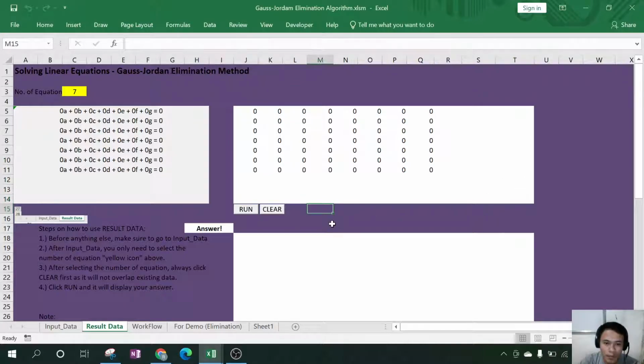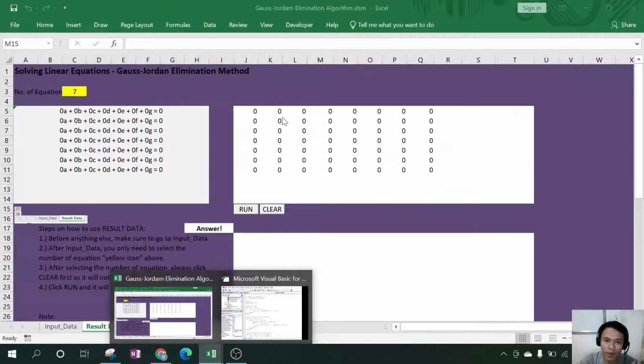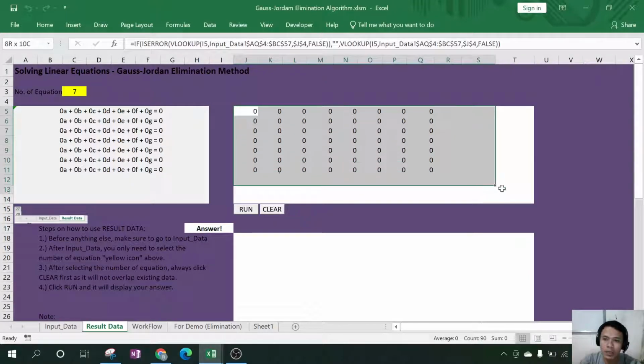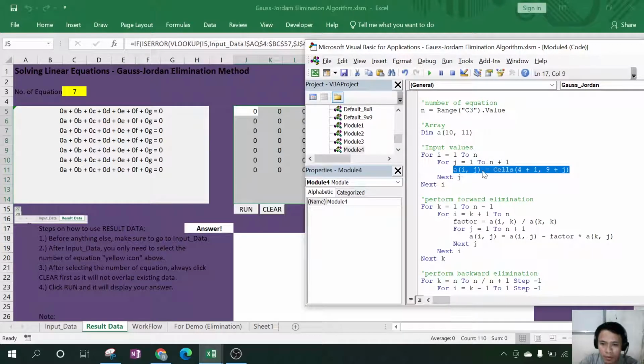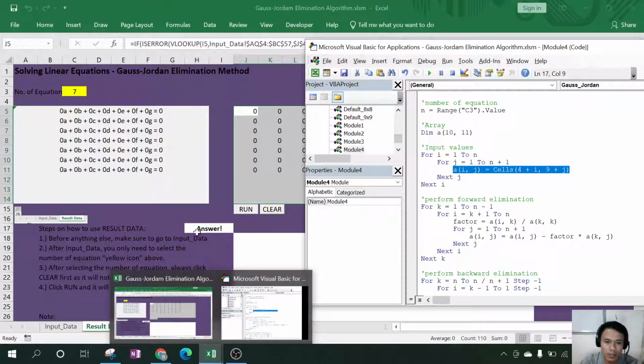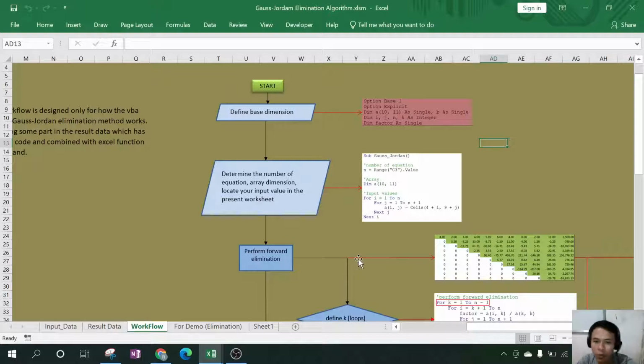Okay, after that we have already defined our augmented matrix. Next, after locating our input data, we perform forward elimination.